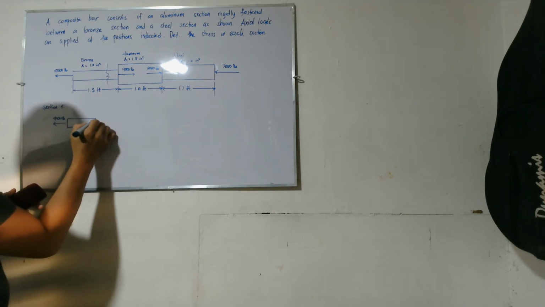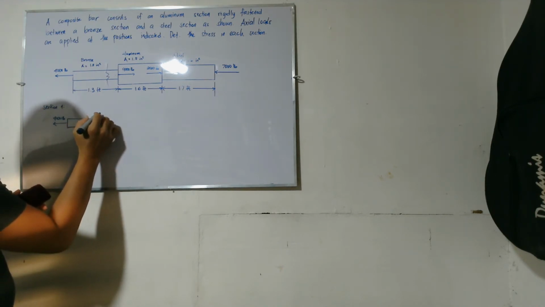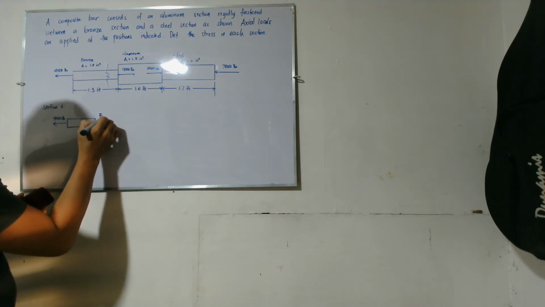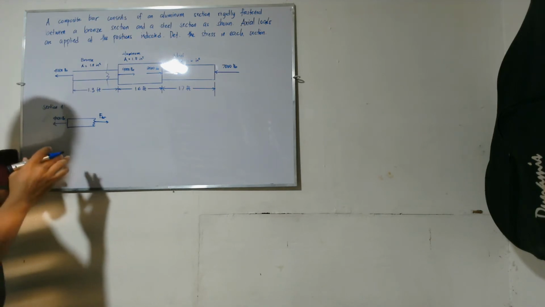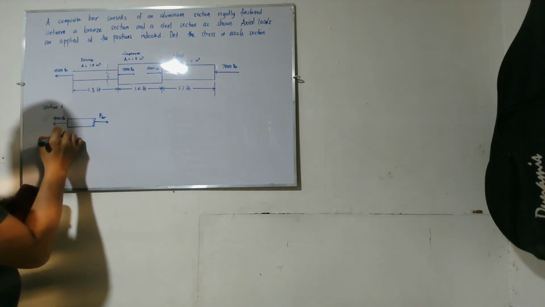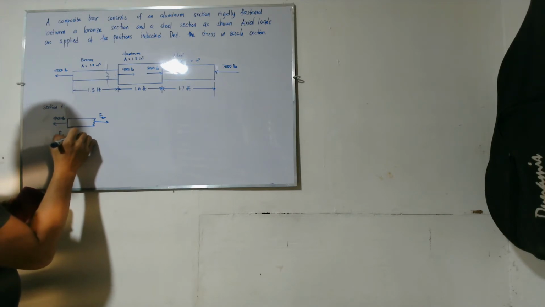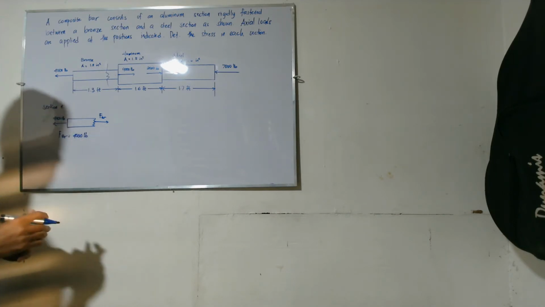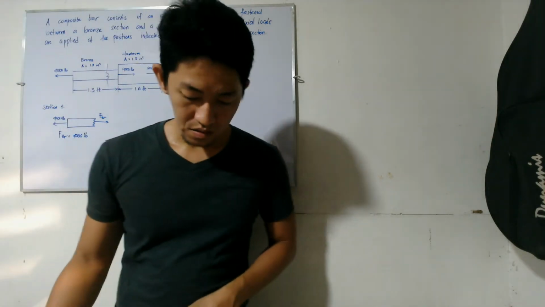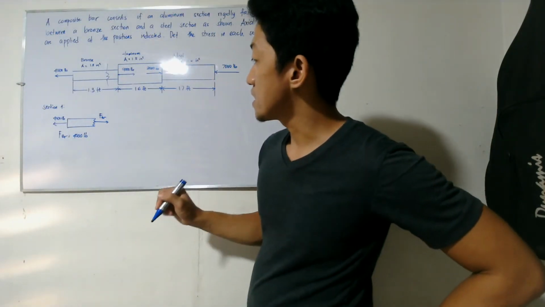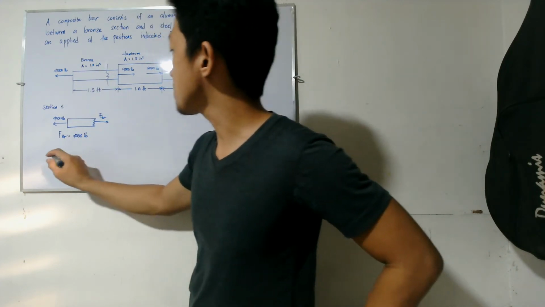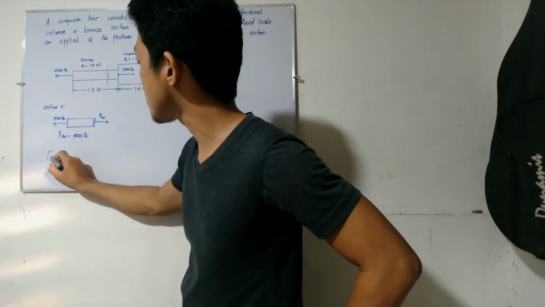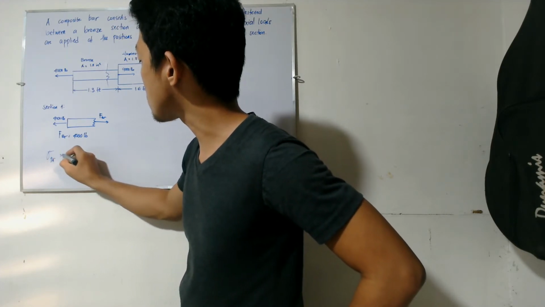You have F sub BR, which, if we apply the summation of forces along X, is just 4,000 pounds. Now, since we have the force and the area, we can get the stress in the bronze section.